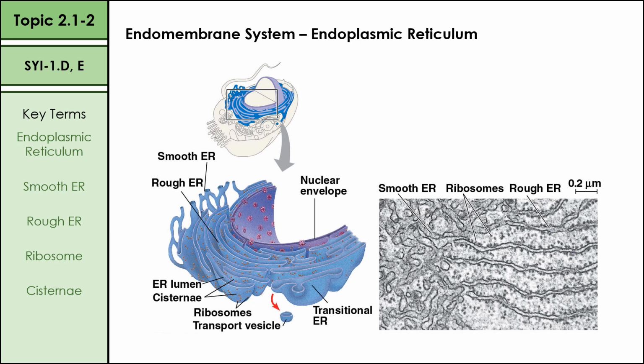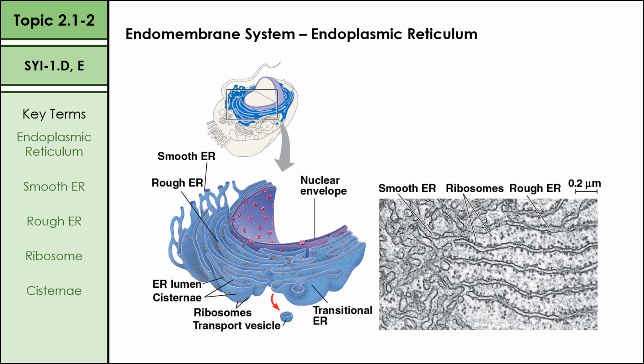So the endoplasmic reticulum is a series of membrane channels, highly folded, which means that we have a great increase in our surface area. And we have two forms. We have the rough, which is dotted with those bound ribosomes, allowing for the formation and production of proteins.